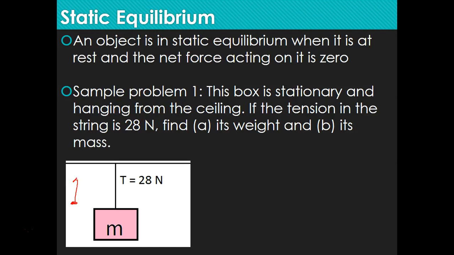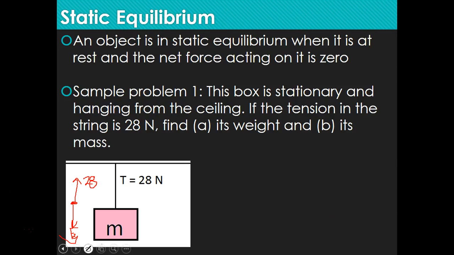So you're going to have the tension pulling up, which is 28 newtons, and then you'll have the force of gravity pulling down. Remember, the force of gravity is its weight.